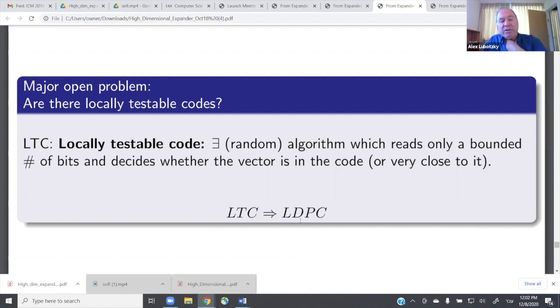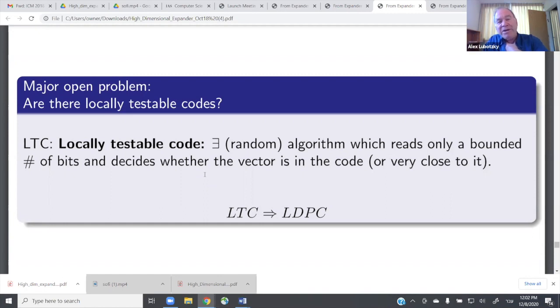What is a locally testable code? A locally testable code is a code for which you have a random algorithm which reads only a bounded number of bits and decides whether a vector is in the code or not, or at least very close to it. That's a problem of basic importance in coding theory, practically and theoretically.